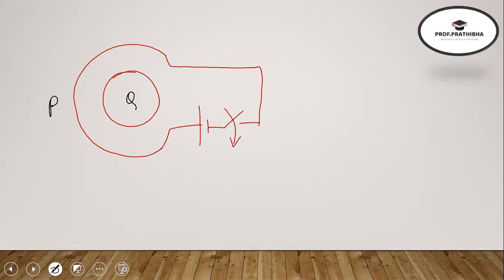What will be the direction of the induced current if this is the positive of the battery and this is the negative? If I close the switch, the current will be in this direction, which I have drawn for you. So the question is, what will be the direction of the induced current in S if the switch is closed?